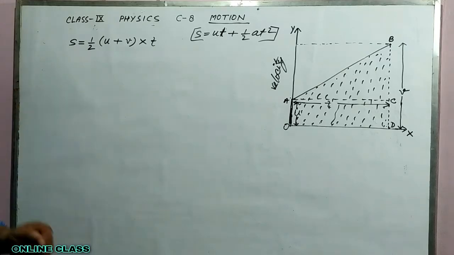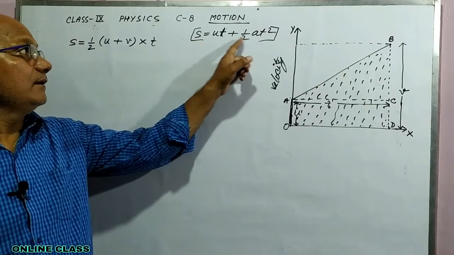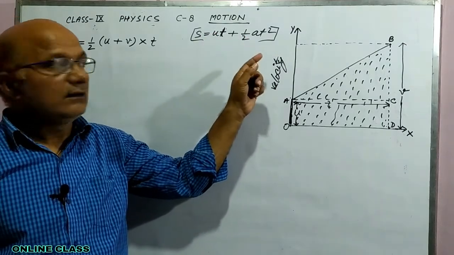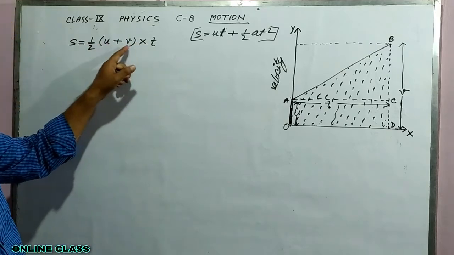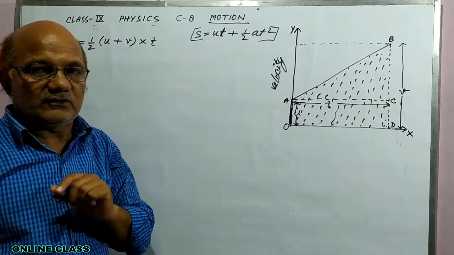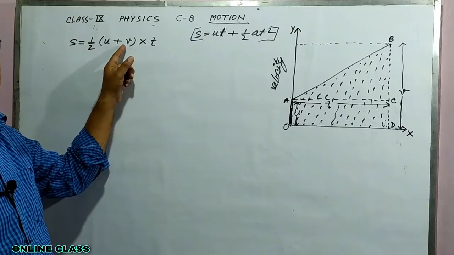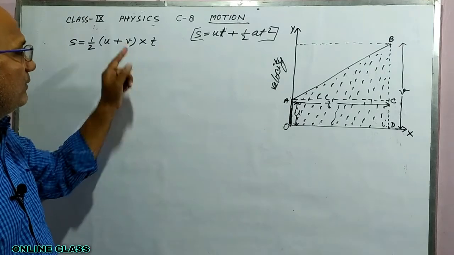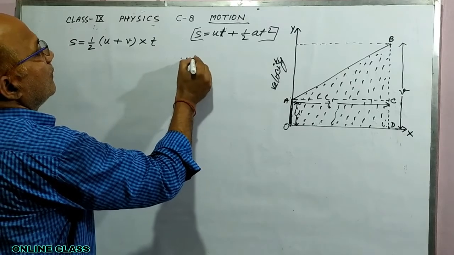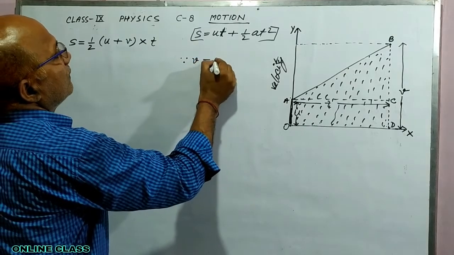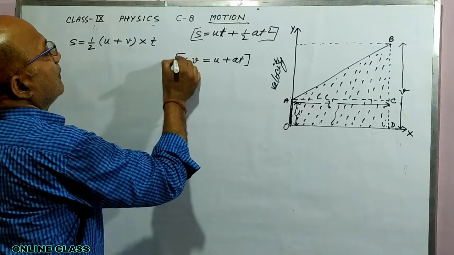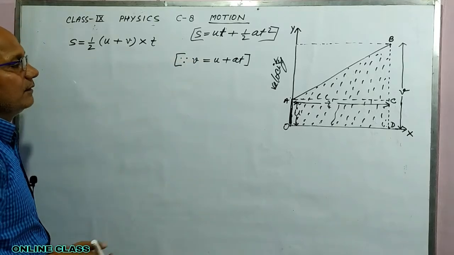Okay. So you can see in this equation final velocity is not here. Now at this step there is v, representing final velocity. So anyhow we have to replace this value. As you know, v equal to u plus at by the first equation of motion.